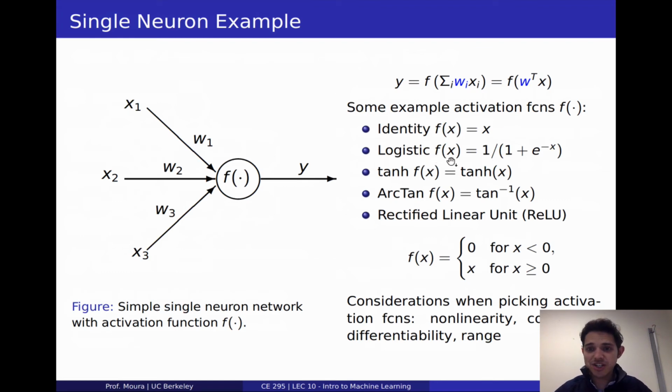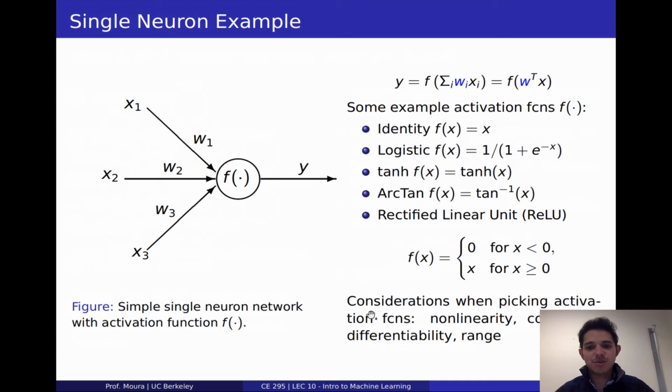The logistic function, you actually saw this when we were talking about the discrete choice models. Hyperbolic tangent, the arctangent function, the rectified linear unit has seen a lot of popularity recently. You'll notice that the rectified linear unit is the identity function, except when x is negative, it spits back 0.